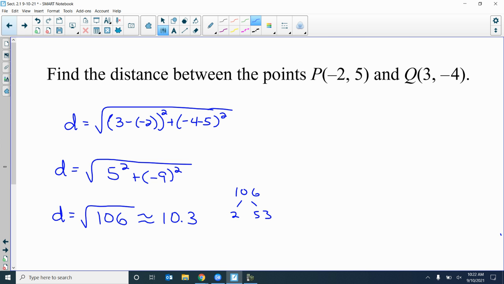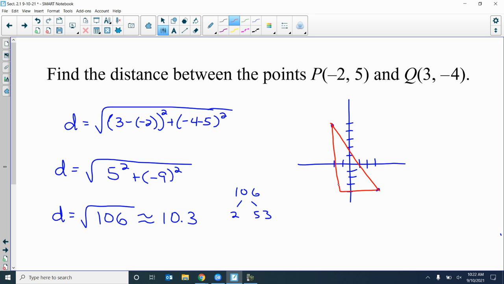All right, let me go back for a second. Not that you have to, but you got to understand, if you drew this out, -2, 1, 2, 3, 4, 5. There's that point, and then 3, -4. Really, we're using, again, the Pythagorean theorem. You're connecting those points. You draw a line straight down.